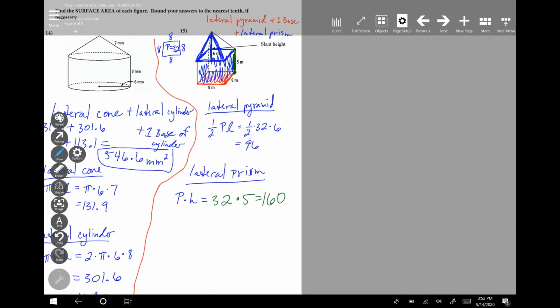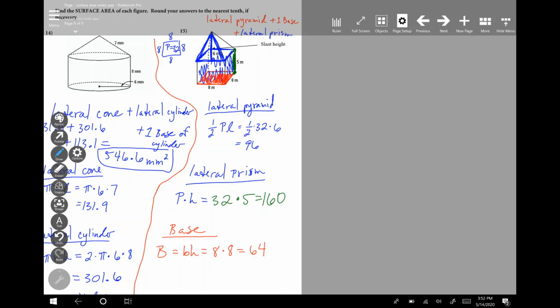And then now we want the area of the base. Remember, the base of the prism is down here on the bottom. It's that square. So this would be big B. It's base times height, and that's only of the shape that the base is. This is a square, so base and height are both the same. So it's 8 times 8, so 64.